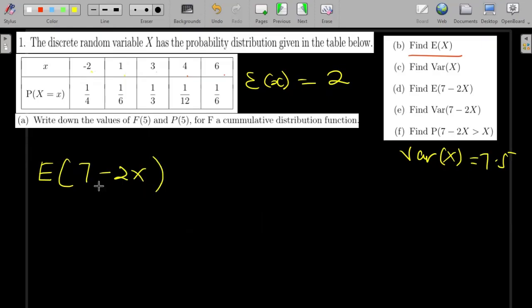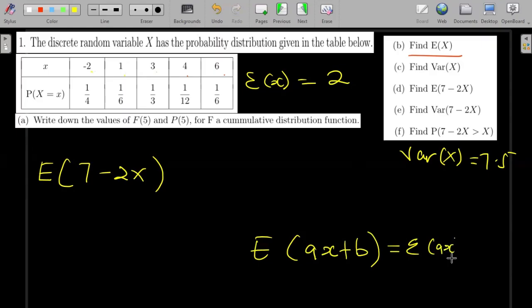Okay, so we have some properties that we need to know. Whenever you're given the expected value of ax plus b, where a can be any number, what happens here is that you distribute the expectation to the ax and the b. So we're going to say expected value of ax plus the expected value of b.